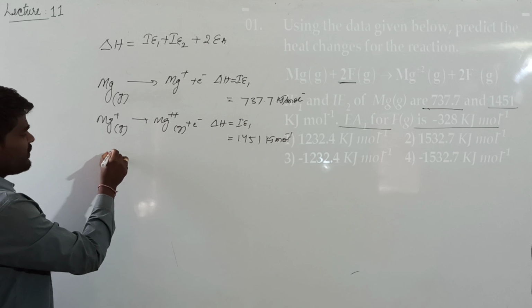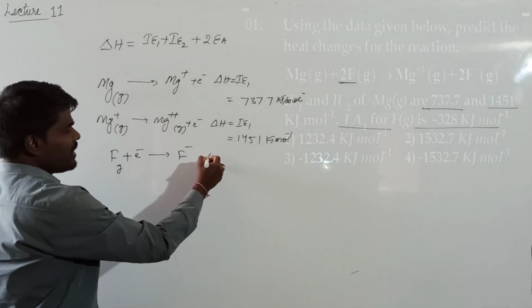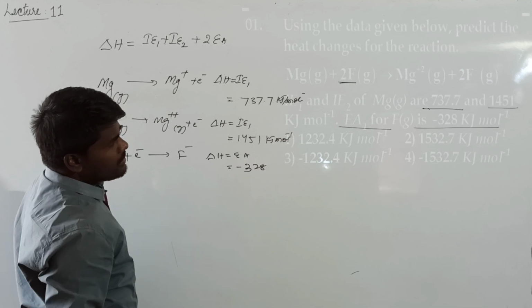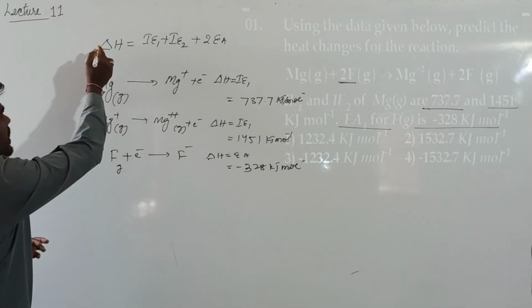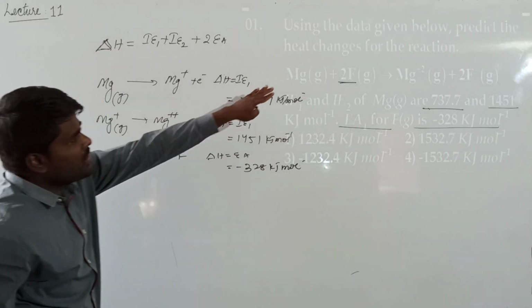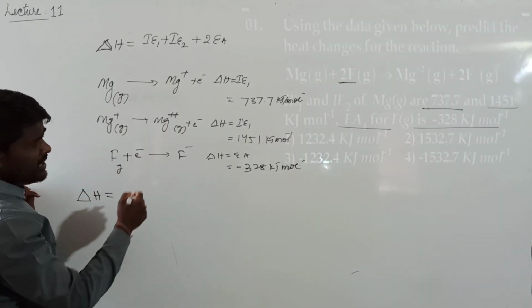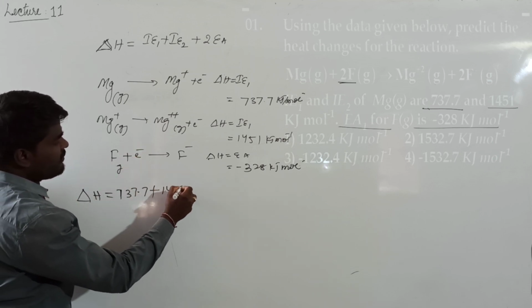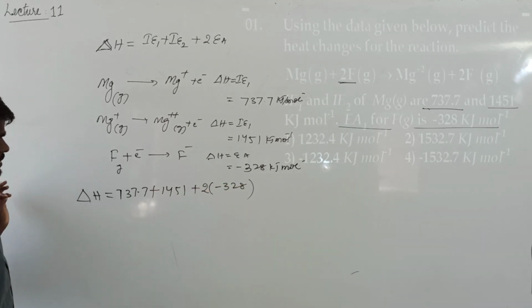And what is the electron affinity of fluorine? When a gaseous fluorine atom accepts an electron, this is called electron affinity, and he has given minus 328 kilojoules per mole. Now, if you put in this data to find the heat change associated with this process, what is the equation? Delta H equals the first ionization energy, 737.7, plus 1451, plus 2 into minus 328.